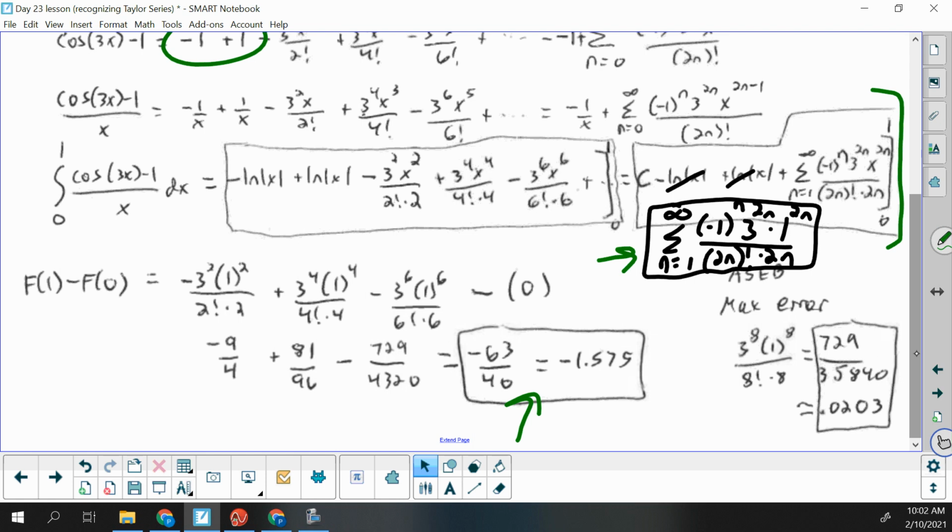We want to know what our error is. It's an alternating series, so we can use the alternating series error bound. So we have to do the absolute value of the next term, so just ignore the -1 to the n. So for x, you're putting in 1, and we're now to the 8th powers for all of them, and the 8th factorials, so you either get that fraction or that decimal.